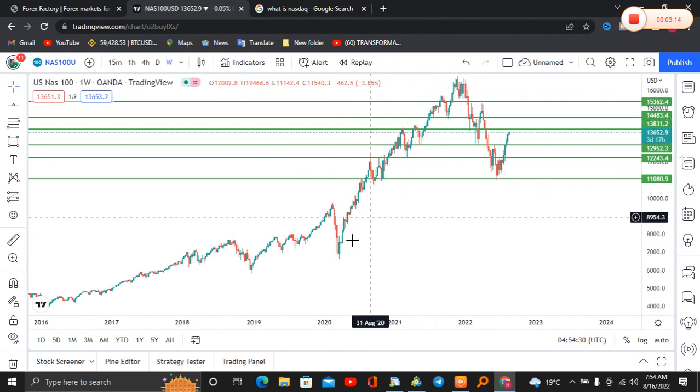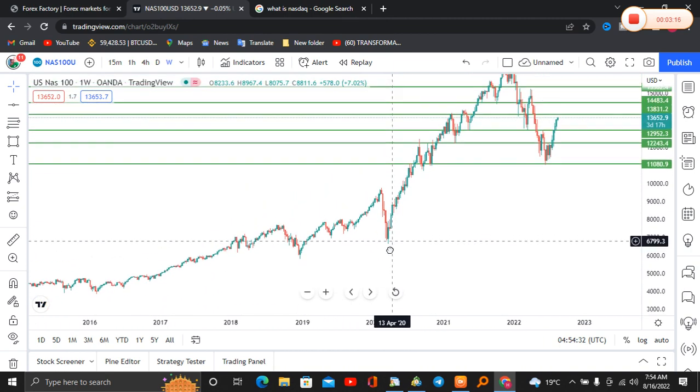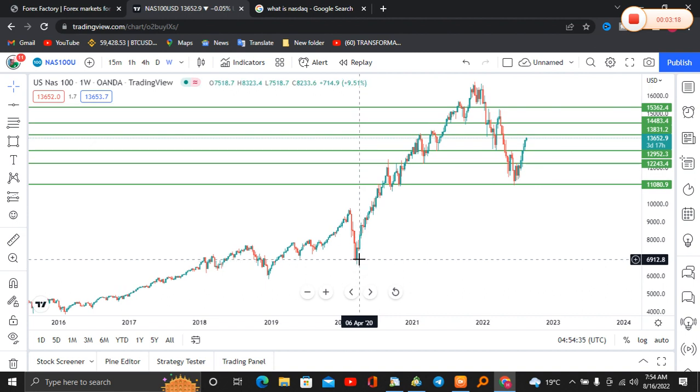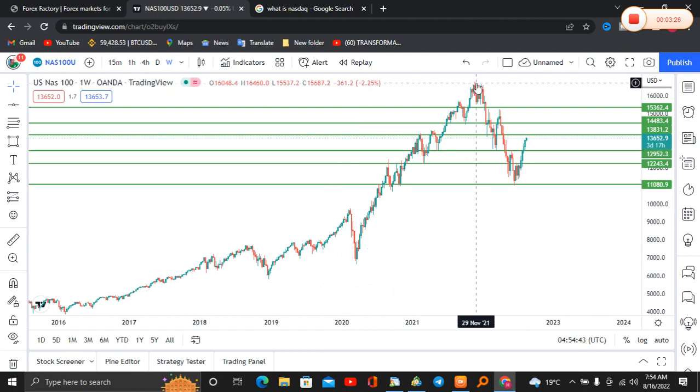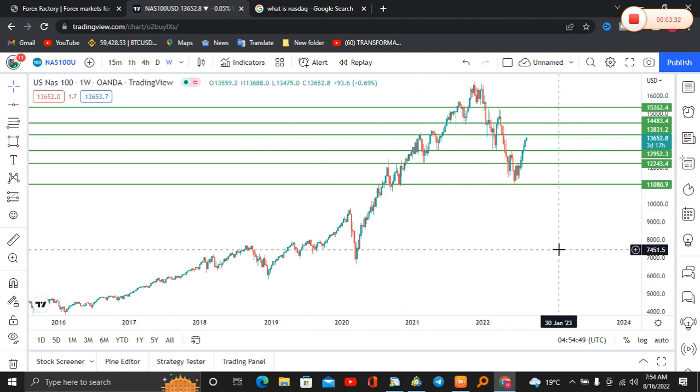From March 2020 up to November 2021, this is 1 full year NASDAQ was in an uptrend. What does this indicate? That means the companies under NASDAQ were working nicely because the market was trending in an uptrend.